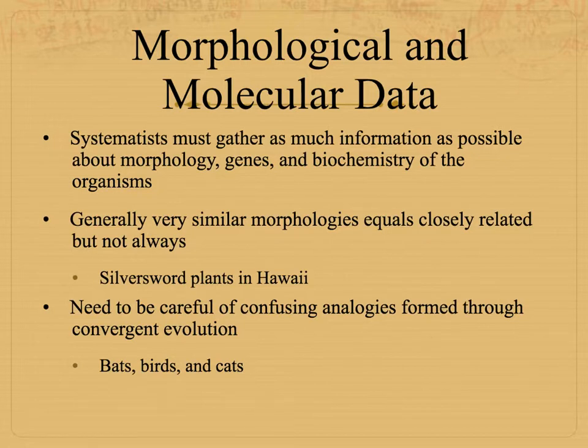We want to make sure that we're not putting bats and birds together just because they have wings, when in actuality, if we look at the difference between a bat and a bird, we can see more similarities between a bat and a cat than a bird and a cat, or a bird and a bat. Did I get all that? Hopefully that made sense. So we want to be careful of those.